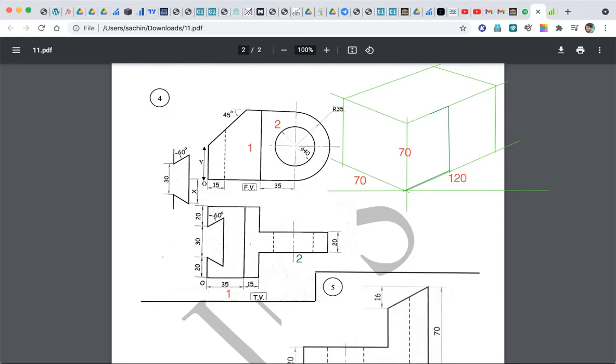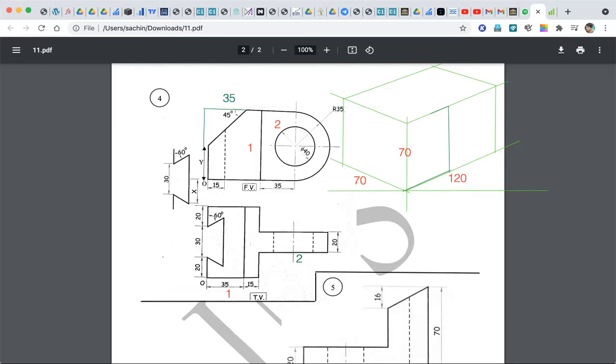Sorry. So you need to find out this height. How will you find out this height? See, total is 70. 70 minus y will give you this height. But I don't know how to find out y, but I know how to find out this. See, they have given angle, and this distance is given 35. Right?